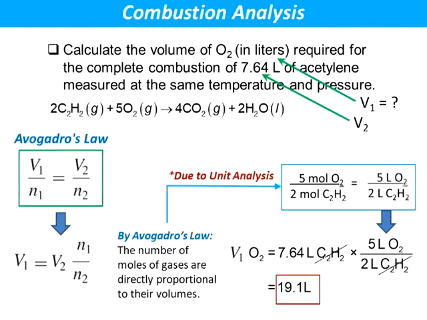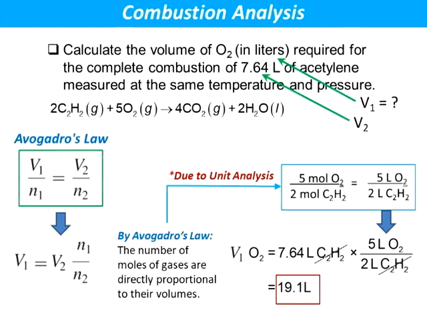So, by Avogadro's law, the number of moles of gases are directly proportional to their volumes. Therefore, we can simply change the moles to liters. We simply substitute in liters where we have moles, and those ratios are exactly the same. We get them from the balanced equation.